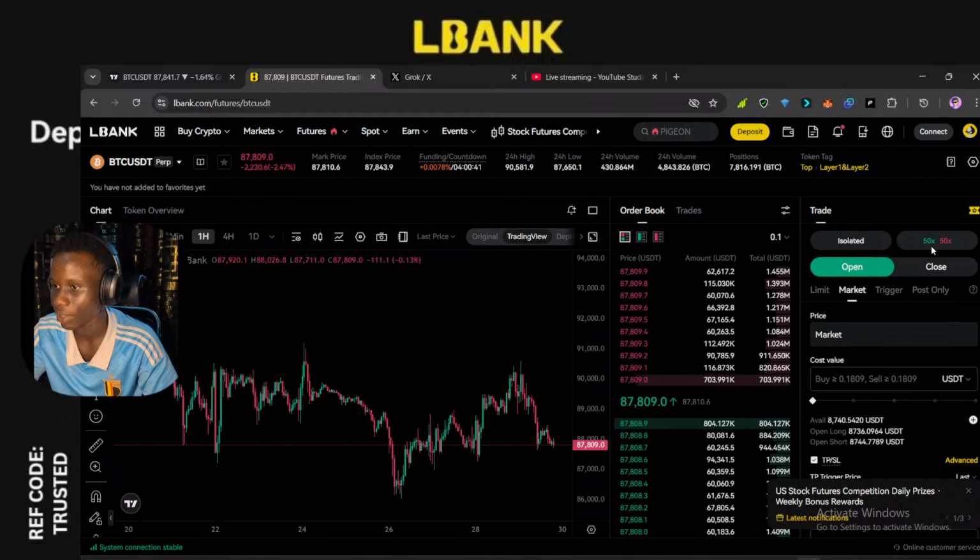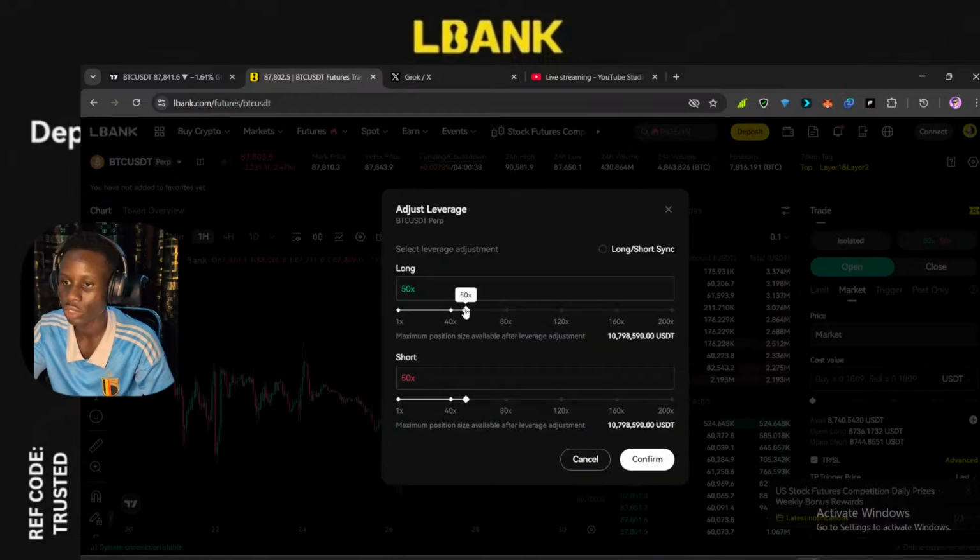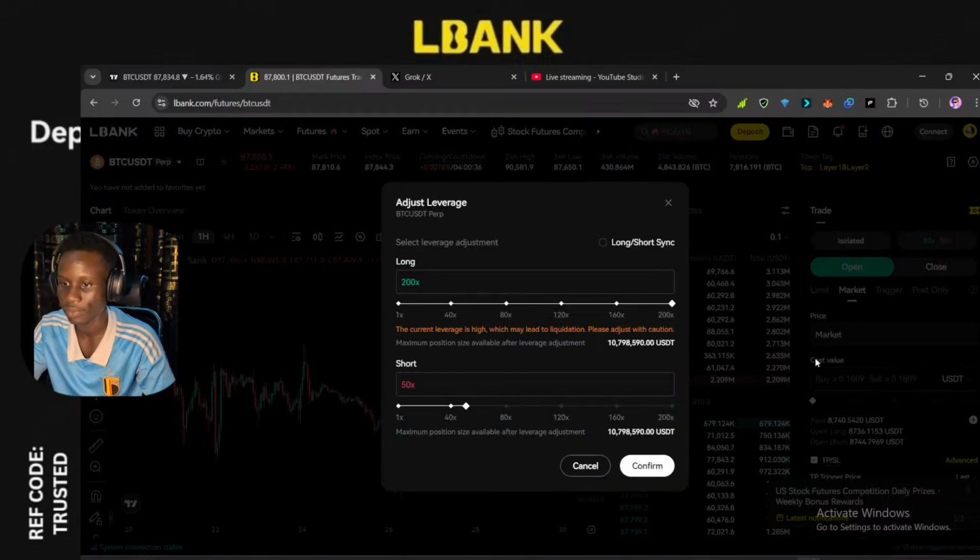So this leverage now, I want to use 100x for this particular trade.